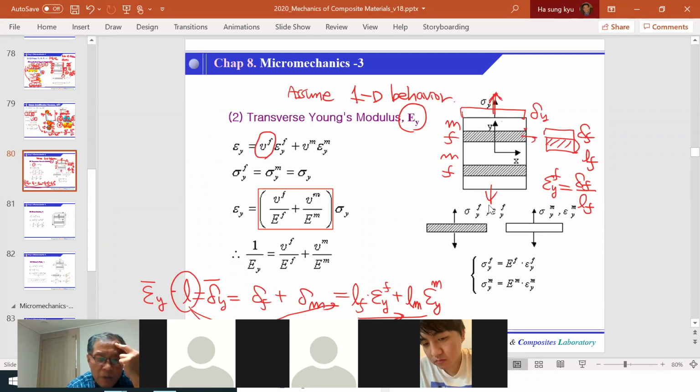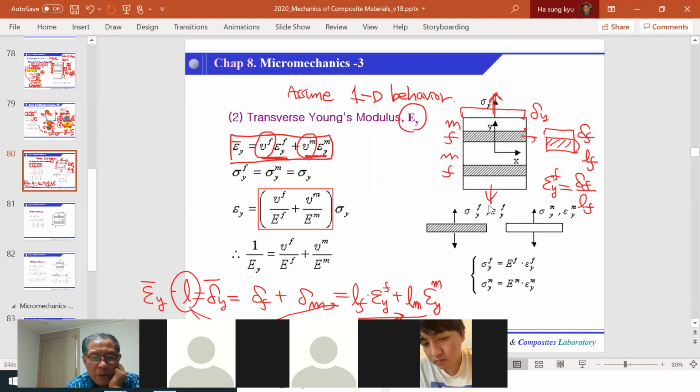LF divided by L will be the fiber volume fraction, and LM divided by L will be the matrix volume fraction. And then we have this. So this equation looks like a rule of mixtures in the y direction. Again, the y-directional strain is following the rule of mixtures.